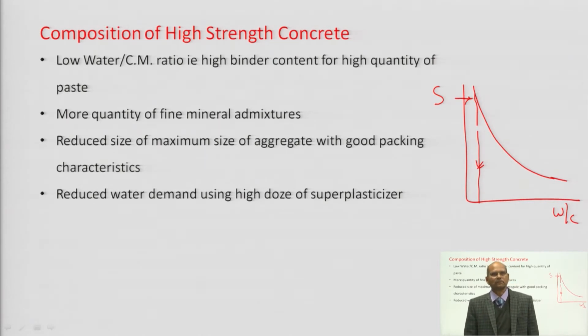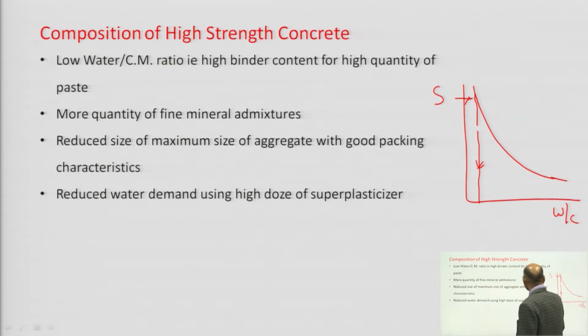For better compaction, good packing is required. Generally for high strength concrete, we never use aggregate size more than 20 mm. If you want to produce a higher grade of concrete, M80 and above, you need a maximum aggregate size of around 12.5 mm and below.